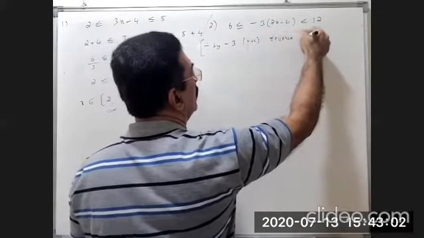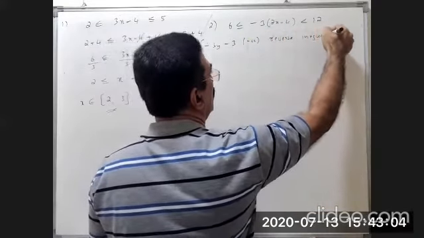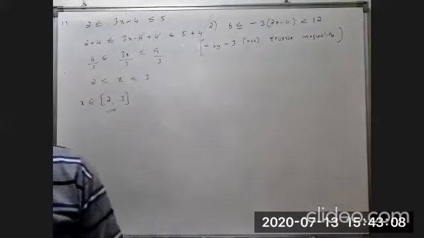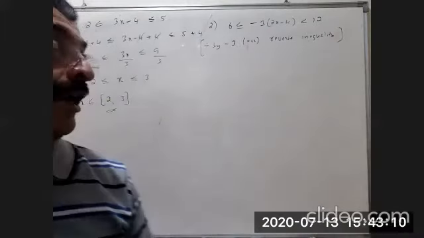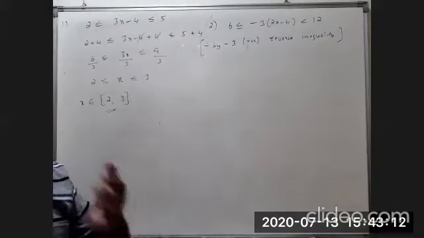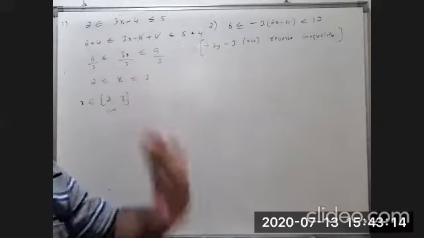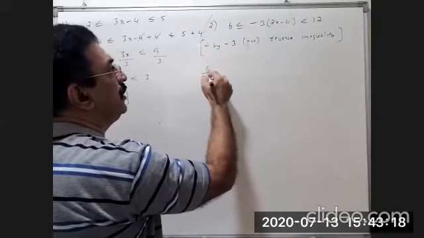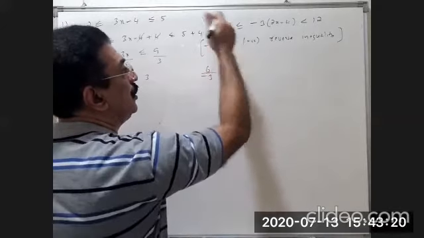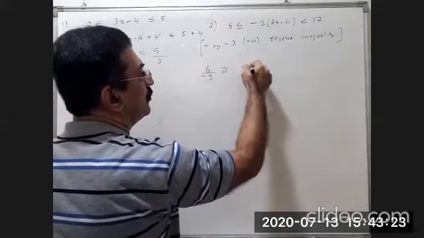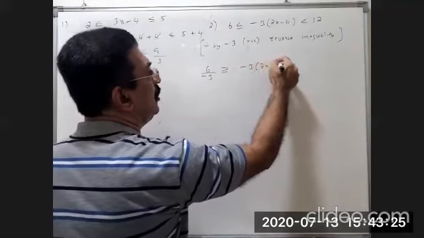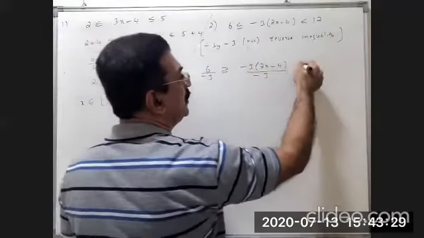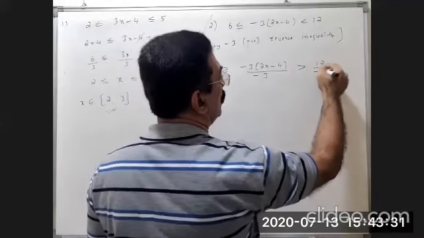reverse the inequality. Remember, whenever we are dividing or multiplying by a negative, then we have to reverse. So 6 divided by minus 3 greater than or equal to minus 3 into 2x minus 4 divided by minus 3 greater than 12 by minus 3.